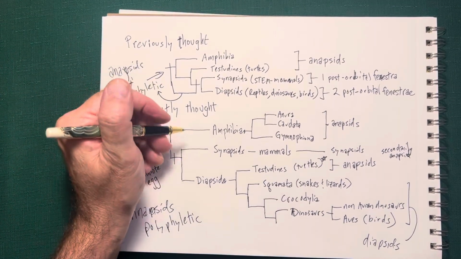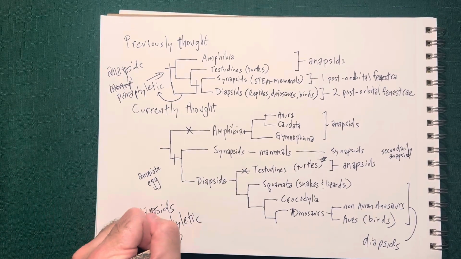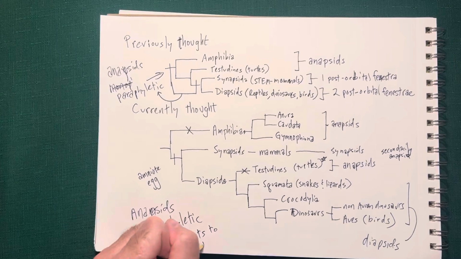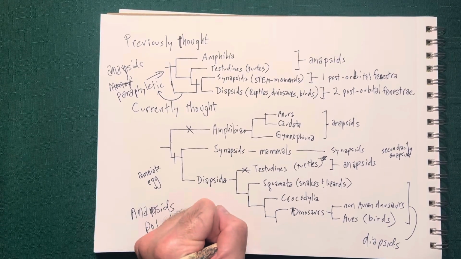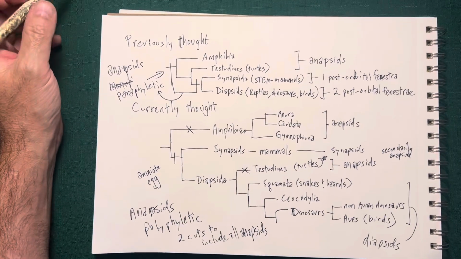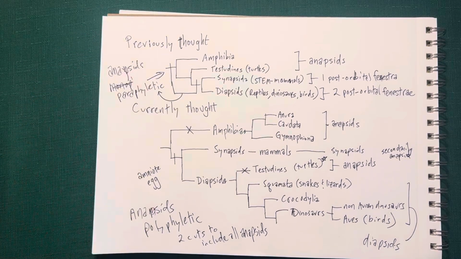Whereas here we'd have to cut once here and once here to include all anapsids. Okay, so paraphily, polyphily, tetrapod phylogeny.